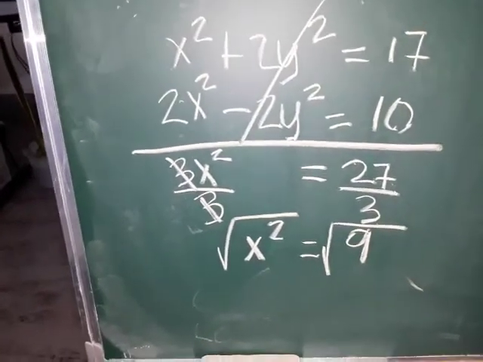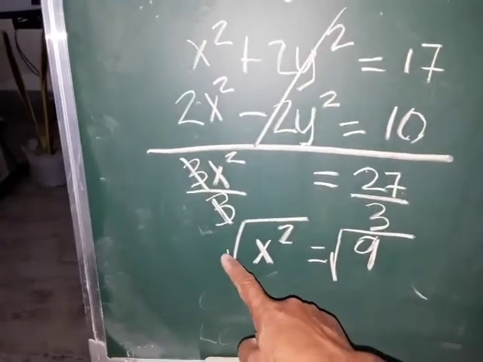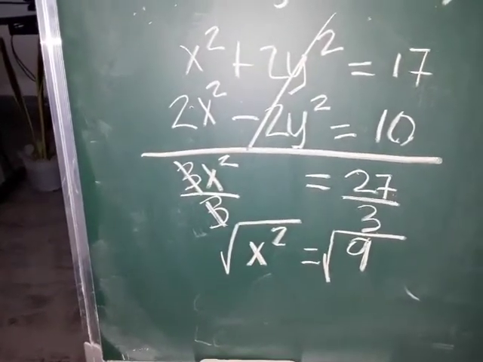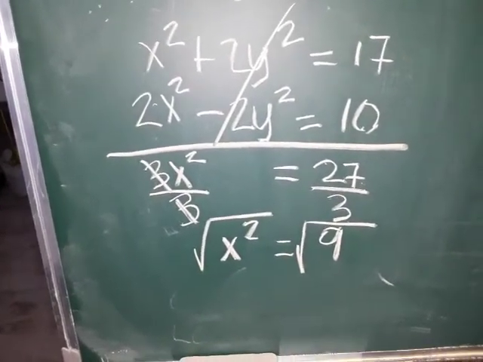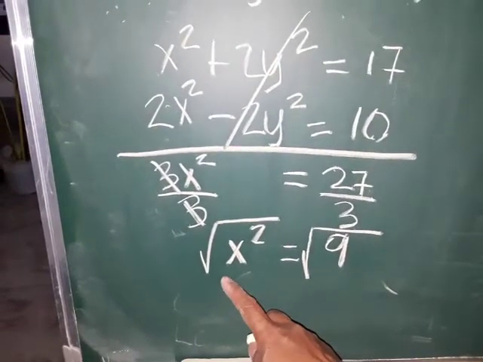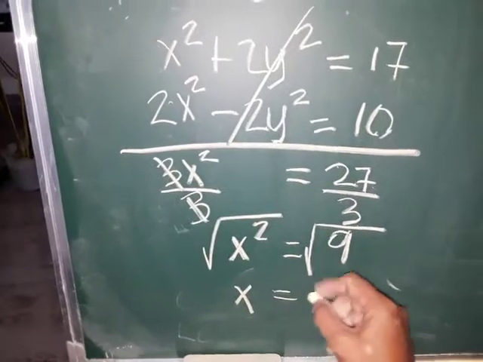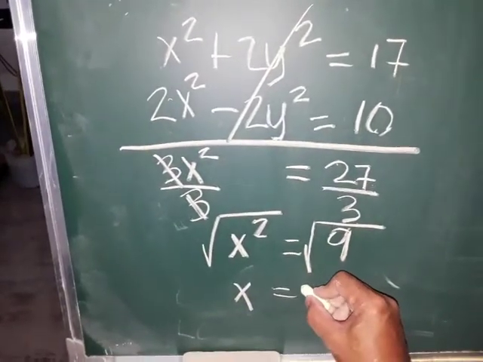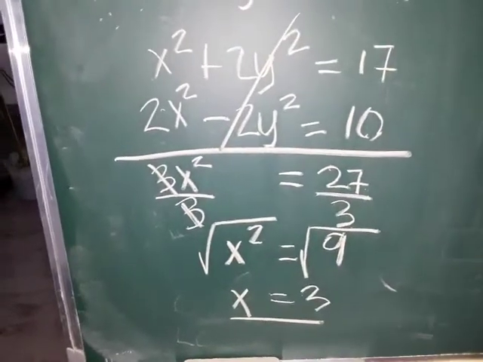How to remove this? This square root means an exponent; the exponent of this is 1/2. I will explain later on. The square root of x squared is equal to x, and the square root of 9 is equal to 3. So our x is 3.